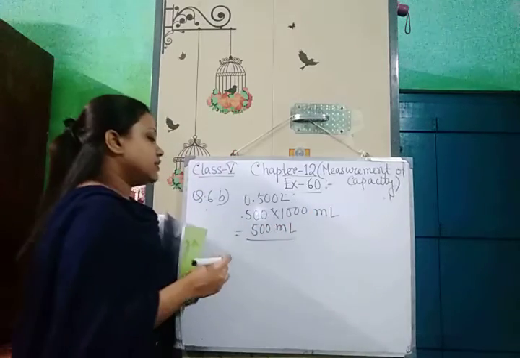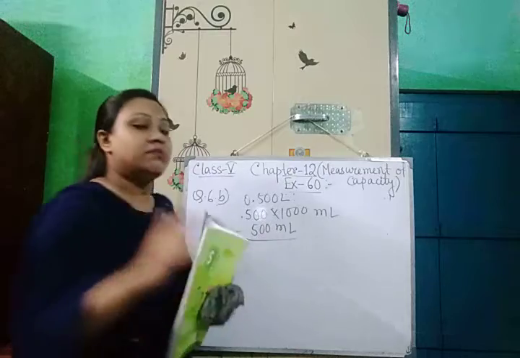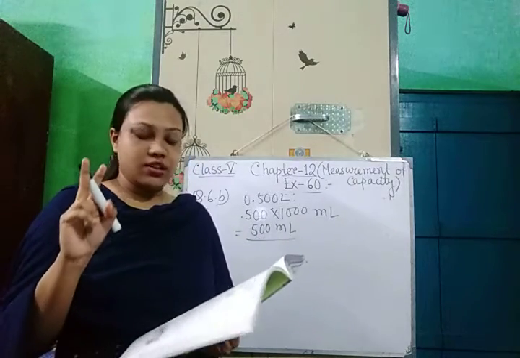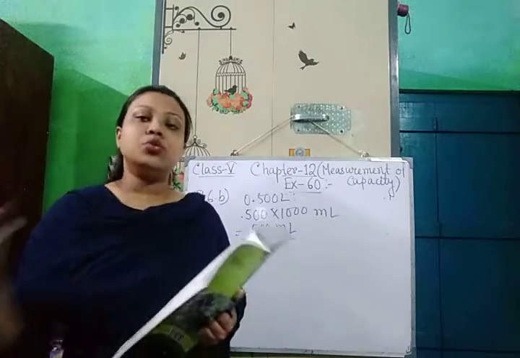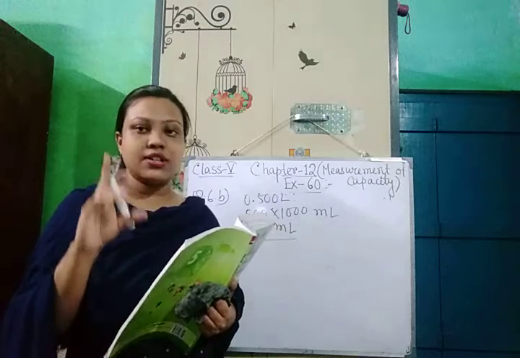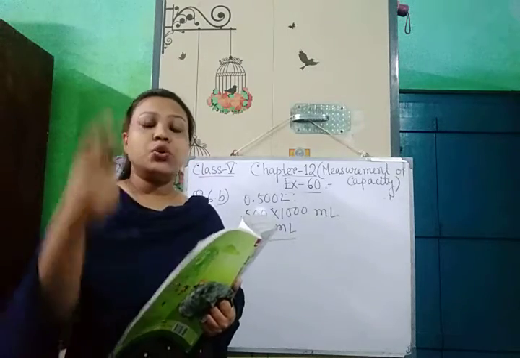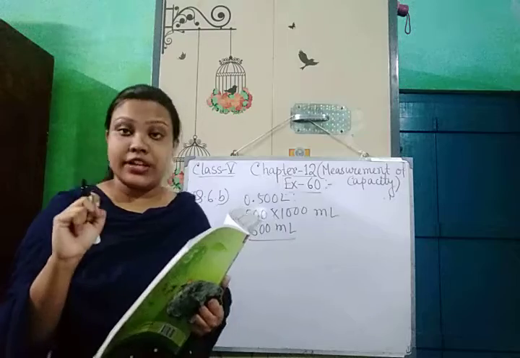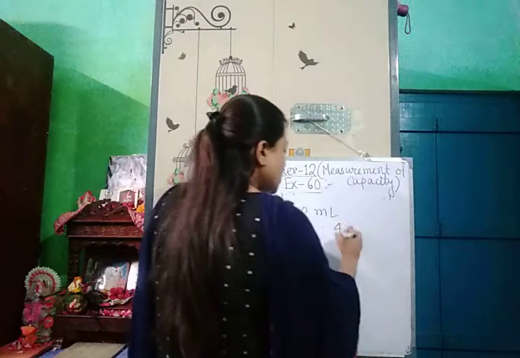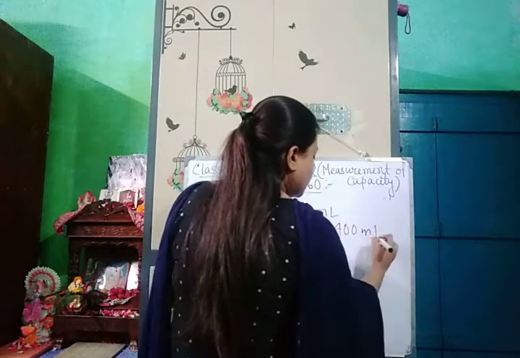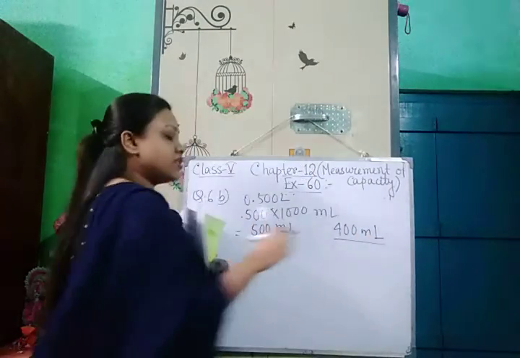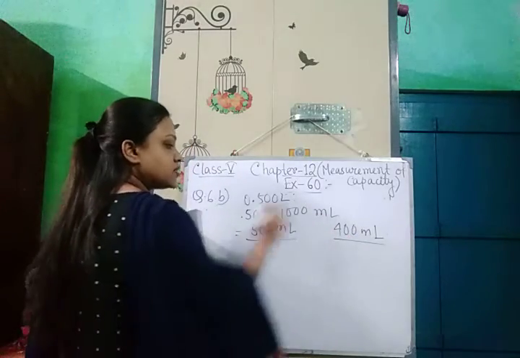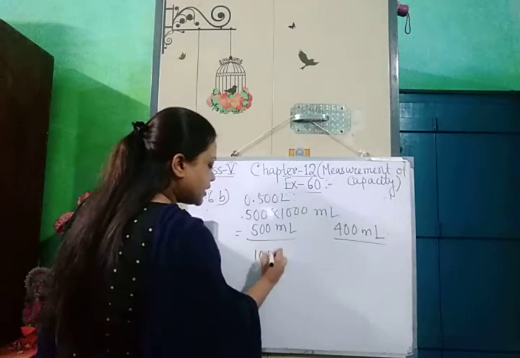So it's given that 500 ml can be measured by using two 200 ml containers. One container can measure 200 ml, so two containers can measure 200 into 2, that means 400 ml. So the remaining capacity will be 500 minus 400, that is 100 ml.